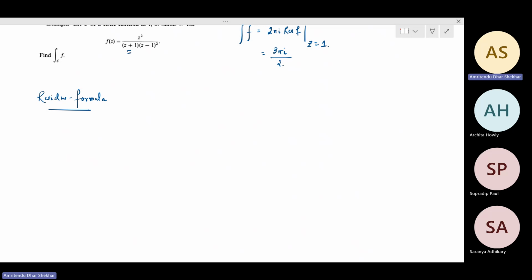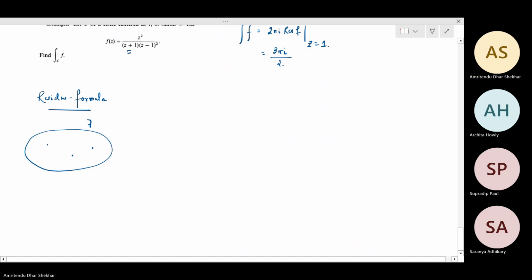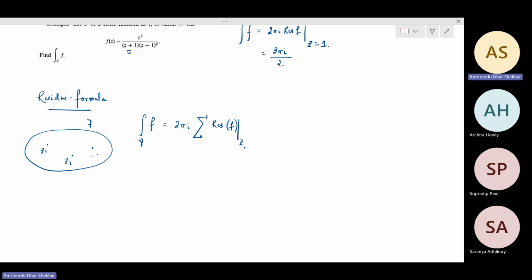The residue formula tells you that if you have a function f and you have a closed curve gamma, where f has some poles within this gamma, then the integration of f along gamma is equal to 2 pi i times the summation over the residue of f at each of these poles, let's call them z1, z2, and so on.